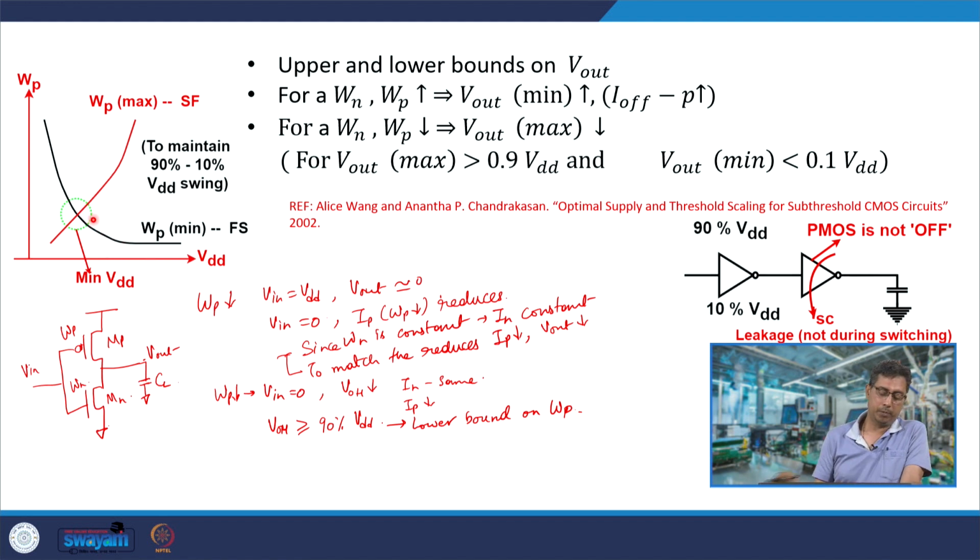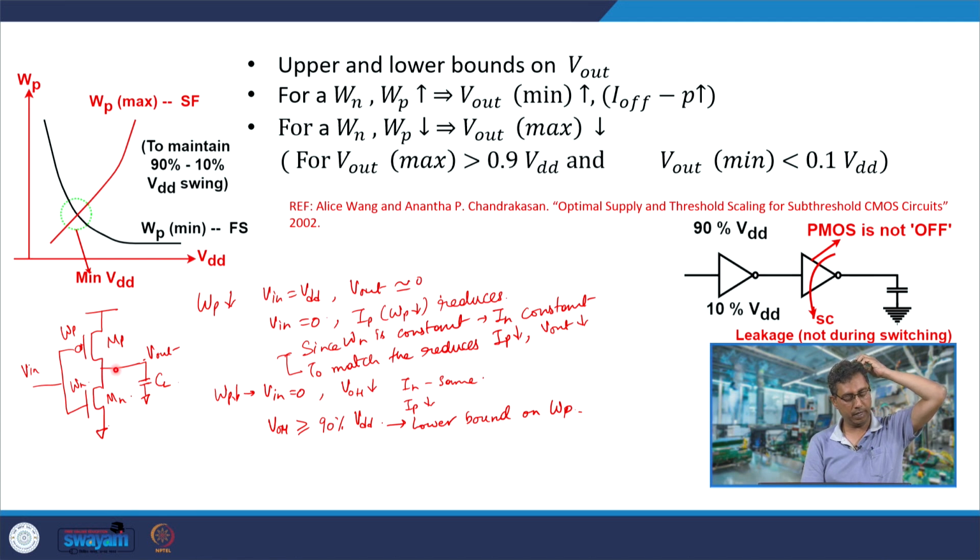What about the other bound? Here you are keeping Wn constant. Now the other bound is that the output voltage should be smaller than a certain value for V in being VDD. The dual of these arguments has to be put forth. When V in is VDD and you keep on increasing the value of WP, the leakage current through the P MOSFET increases, and that has to be countered by the current through the N MOSFET.